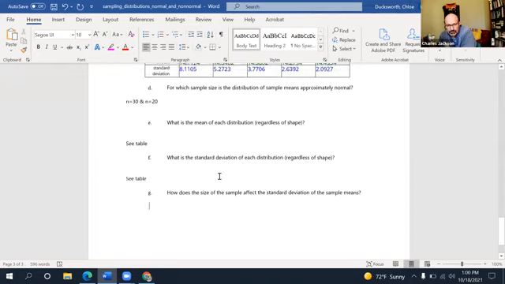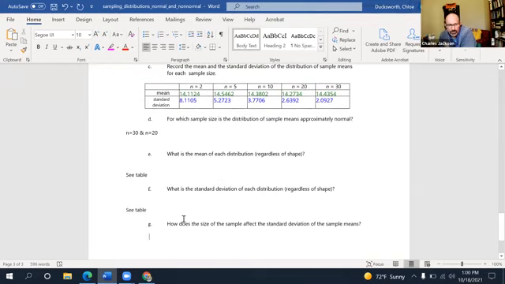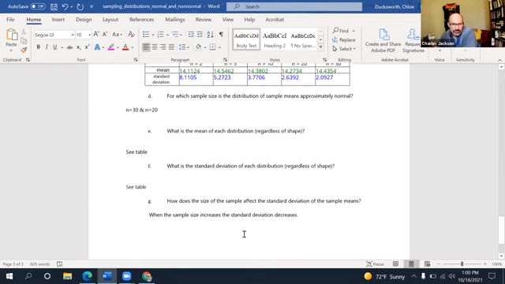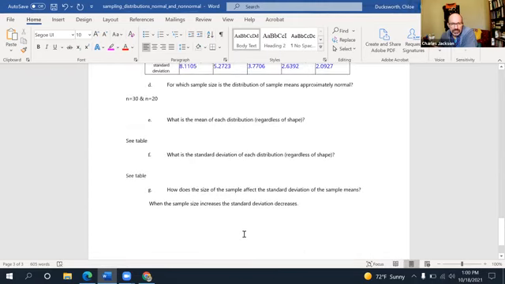Standard deviation of the sample mean. It's the same thing. What about shape?